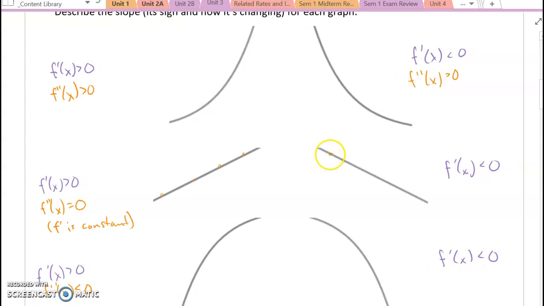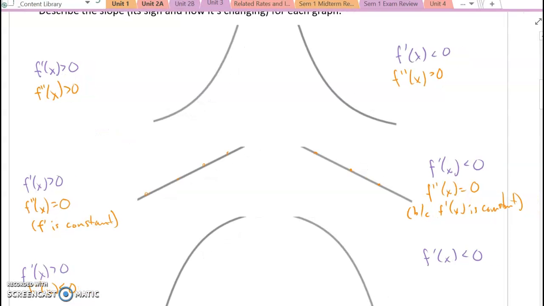Again, with that constant slope on a linear function, f double prime of x is equal to 0 because f prime of x is constant because the slope of a line is constant because that's what lines are, things that don't change direction. And finally, f double prime of x is negative here because we start at a negative slope that's close-ish to 0 to a negative slope that's far away from 0. So these two on the bottom are concave down. They're making the frown of this sad person. The eyebrows up here are making the concave up part of it.